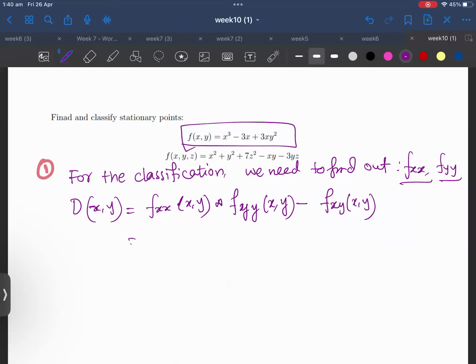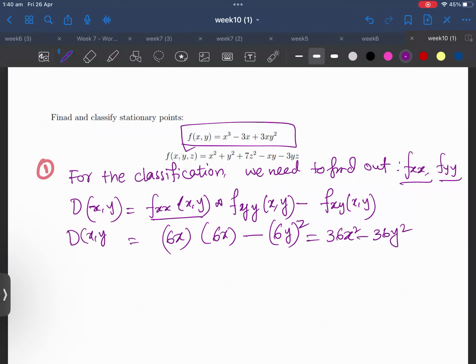So you need to plug in all the values. This is 6x, this is 6x, minus 6y squared. So you have 36x squared minus 36y squared. So remember that D is that part.